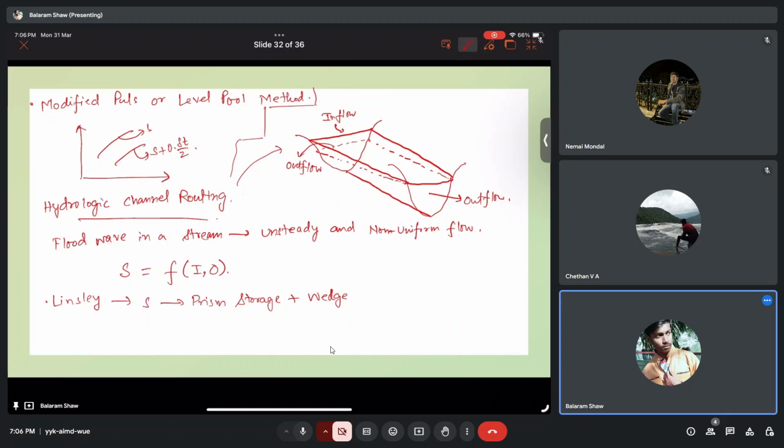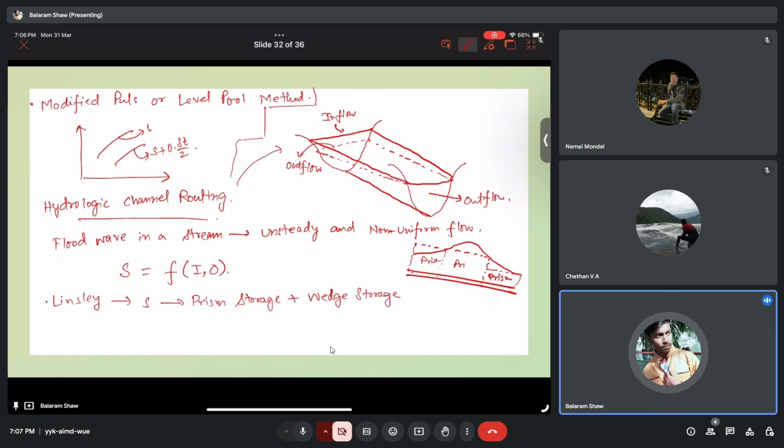So if you have seen, let's say this is the ground surface or something like that, and the flow happening something like this. So it considers two things. Let's say if you just draw it like this, wherever the flow you can see is in the form of a prism, right? So this is the prism part.